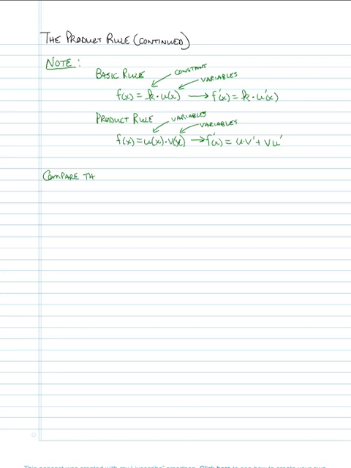So a specific example is to compare the process of finding f prime of x and g prime of x, given these two functions.